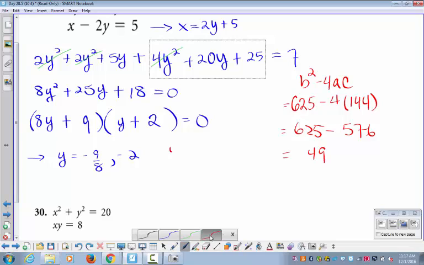When y is equal to negative 9/8, we get x minus, so it's 2 times that, that's going to be 9/4, equals 5. So x will equal 5 plus 9/4. That's 20/4. So that's 29/4.